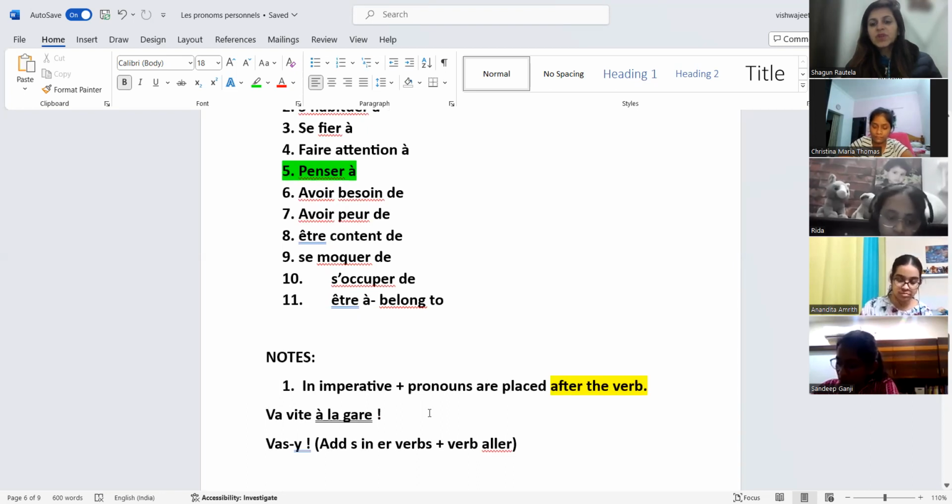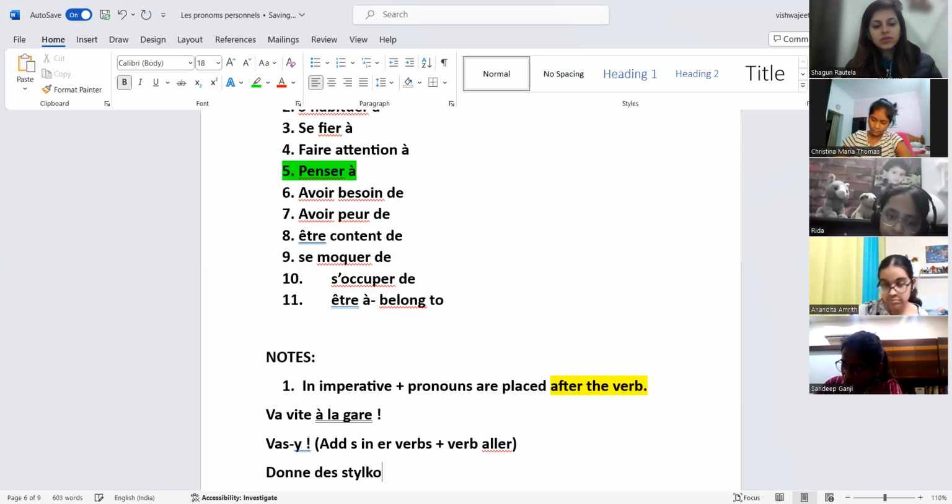In the positive imperative, pronouns will always be after the verb. Learn it: after the verb. And after the verb, if your pronoun is Y or EN, even EN, okay, I'm going to write it here. Right now, I've given you an example of Y, but EN also. I'll give you an example of EN also.